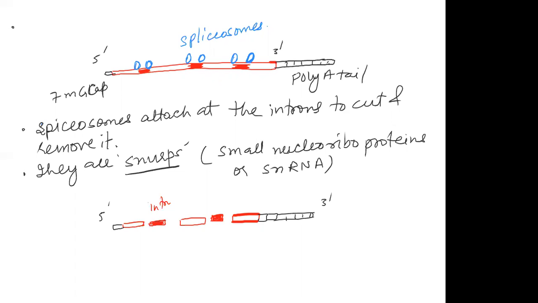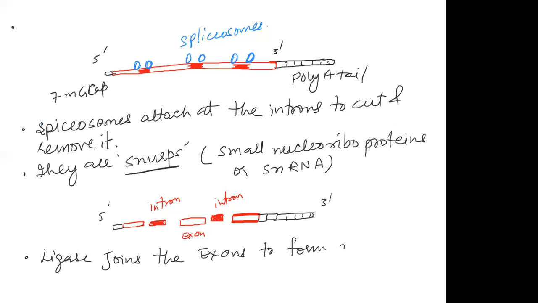Introns. This is exon. They're cut. So then the last step is where the ligase will be coming and joining these exons. Ligase joins the exons to form mRNA. तो एक प्रोसेस्ड mRNA बनाने के लिए ligase आके इनको जोड़ देगा.